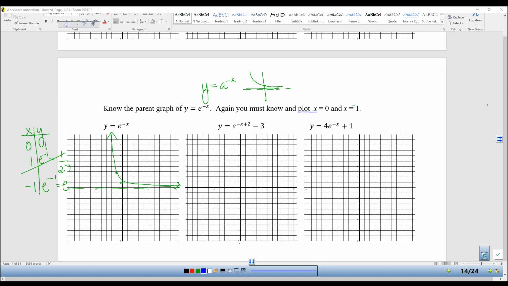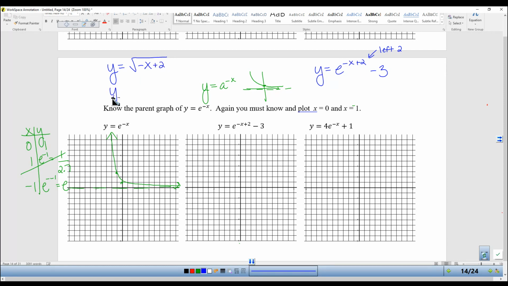Okay, this next one is actually the trickiest problem of the entire day. That's because y is equal to e to the negative x plus 2 looks like it's going to go to the left 2, but it actually doesn't. I don't know if you remember, we did one similar to this when we did the square root of negative x plus 2.